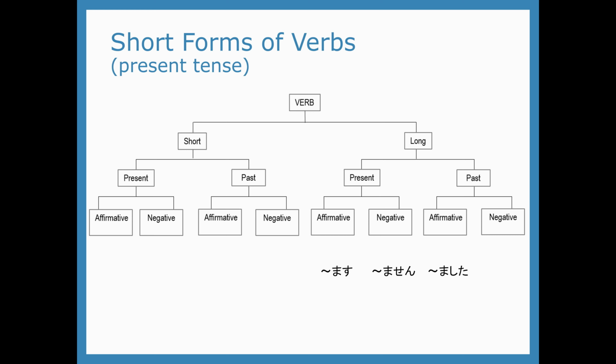How about the negative? The negative is masen deshita. So we have, for example, tabemasen deshita, nomimasen deshita, benkyou shimasen deshita. So that is what we've learned so far for the long forms. All of these long form structures have an equivalent in the short form, and that's what we're going to talk about today.